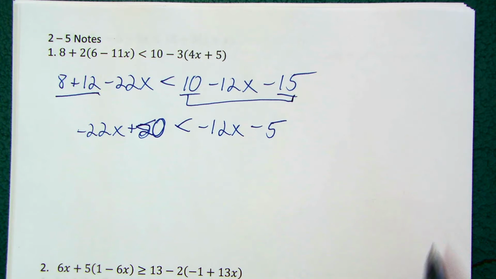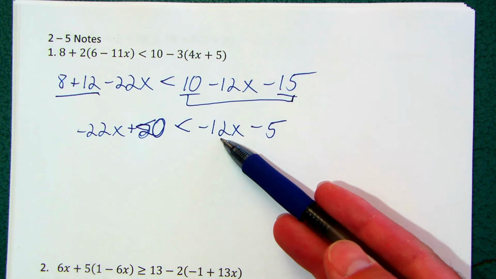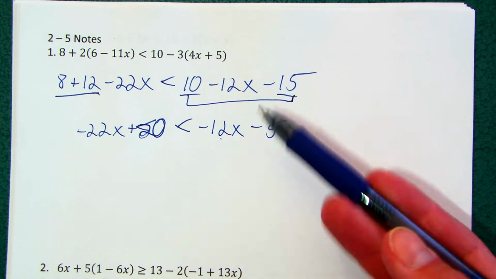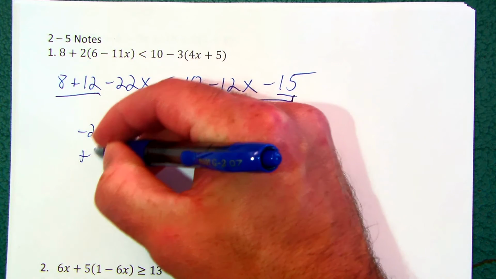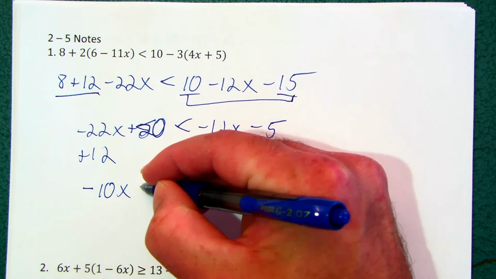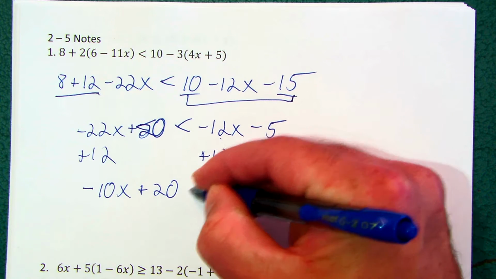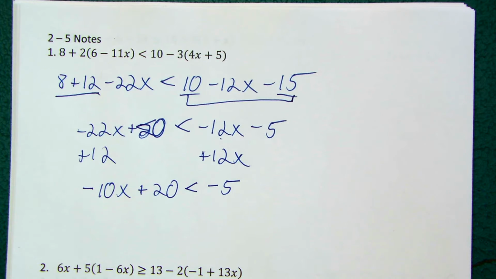We always want to get our variable on the left side. So bringing the 22x over here to get a positive coefficient would be fine. I think it's going to be the same amount of work regardless. So I'm going to add 12x to both sides. So I get negative 10x plus 20 is less than negative 5.